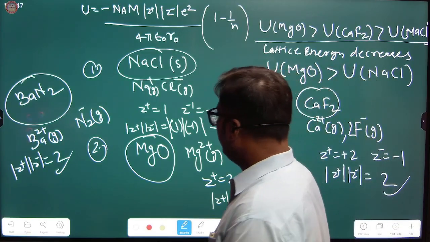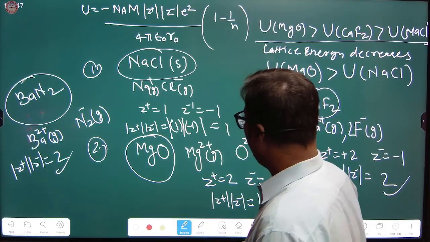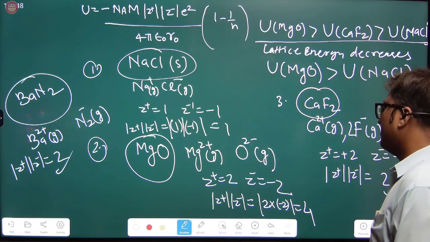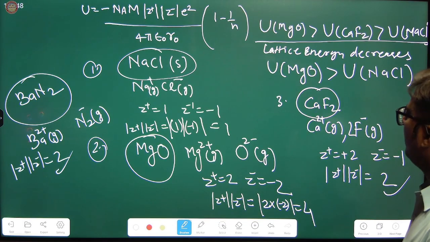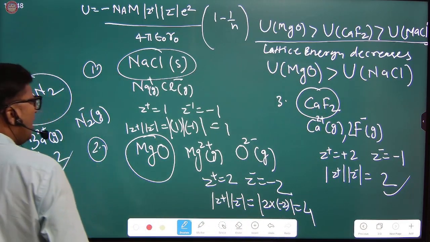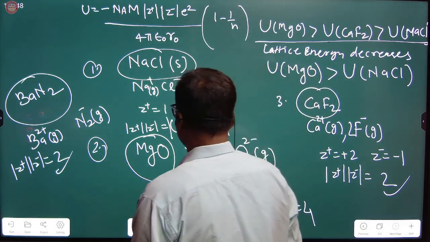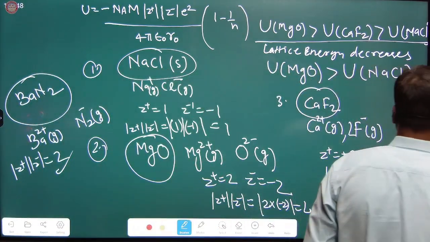So you are thinking that the product of charges is equivalent for both compounds, then lattice energy must be the same, but it is not actually the same. It also depends on factors like the size of the cation or anion, right? So what do you think about the size of barium and calcium?